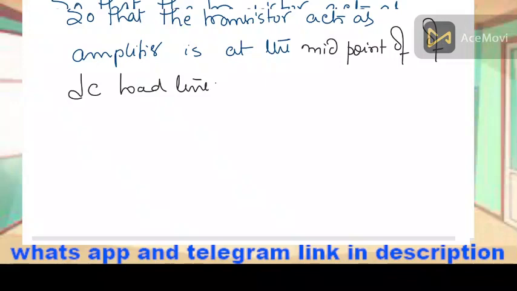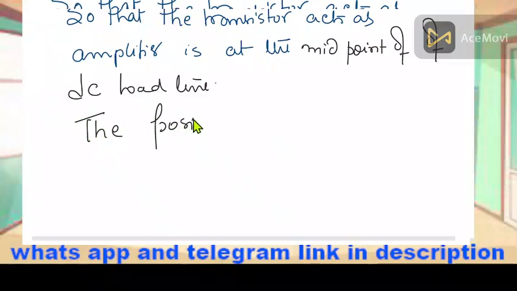Now the position of the Q point on the DC load line determines the maximum signal, or the maximum output, that we can get from the circuit before some clipping. We have studied the clipping circuit. Clipping means some portion of the input signal is cut off or removed. This Q point is so important because its position tells us how much maximum signal we can get from that circuit in undistorted form.